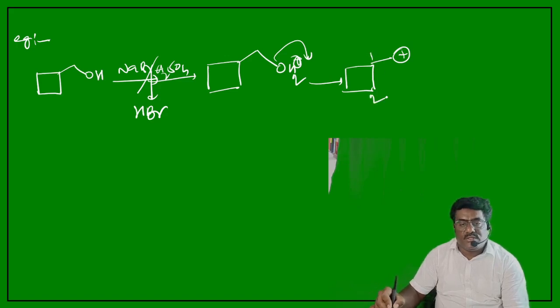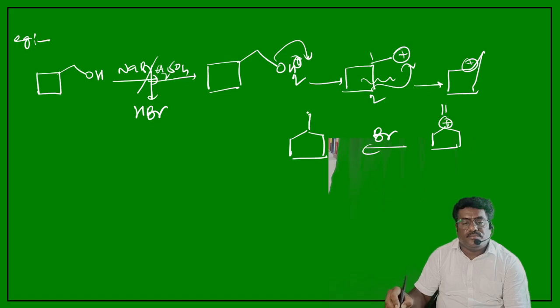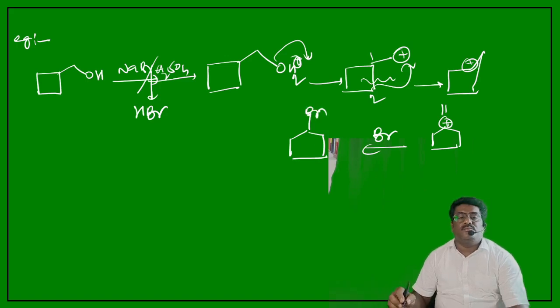First position, second position, the 1,2 bond is cleaved. This is the actual structure. In presence of Br minus, it forms cyclopentane with bromine. This is the product.